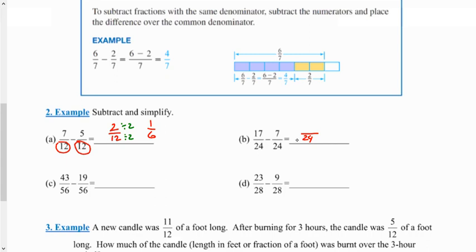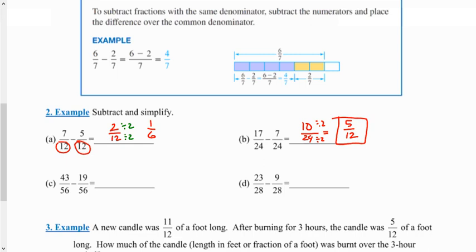I have common denominators, so I have equal size parts, and I'm just taking away 7 of those. That leaves me with 10/24. Now I see these are both even, so just like we did before, we can divide the top and the bottom by 2, and I get 5/12 as my final simplified answer for that.